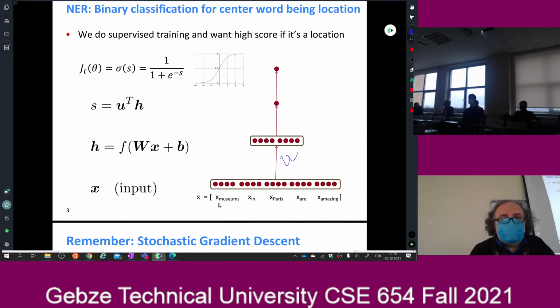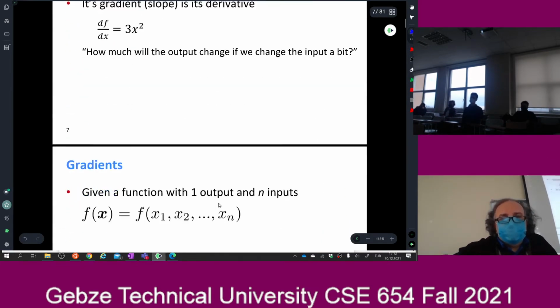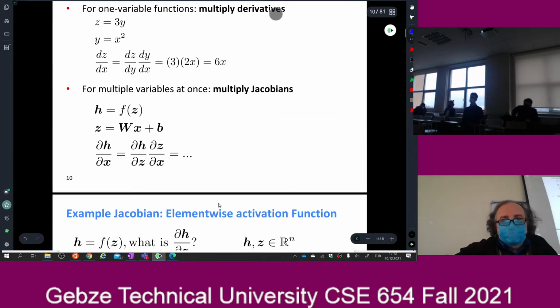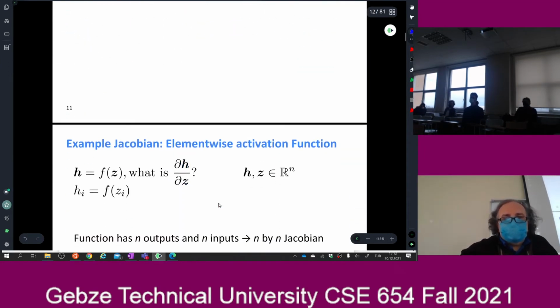B is an 8-dimensional vector. H is the next layer, and H is a vector, really. We are feeding this h to the next layer, and later it's going to be multiplied by this u. U is another matrix. So we are trying to figure this thing out.